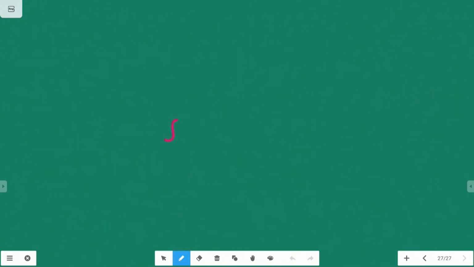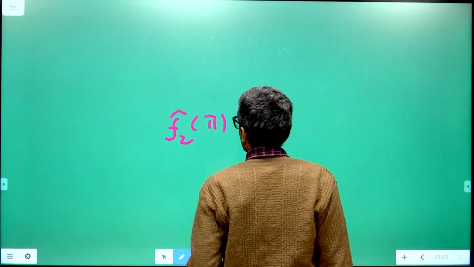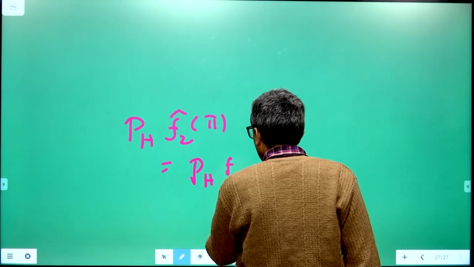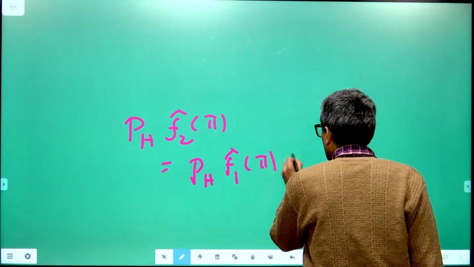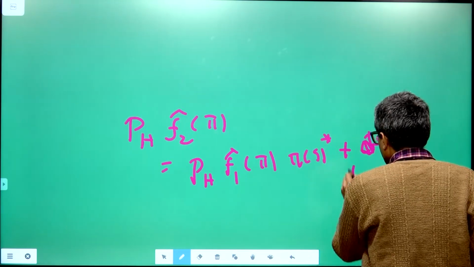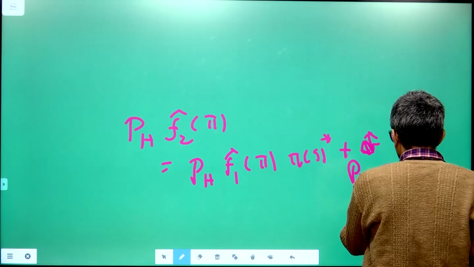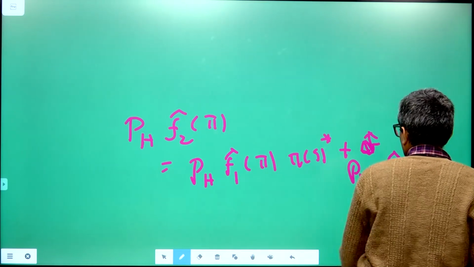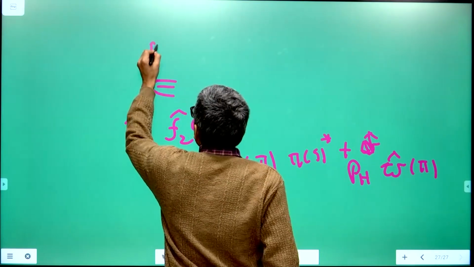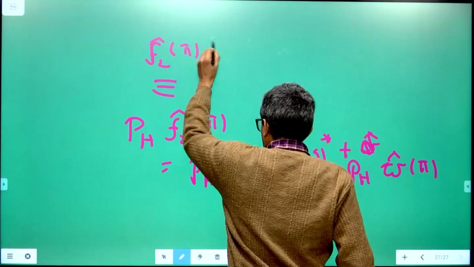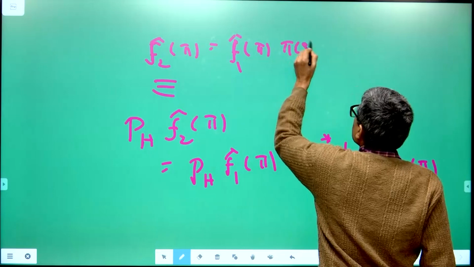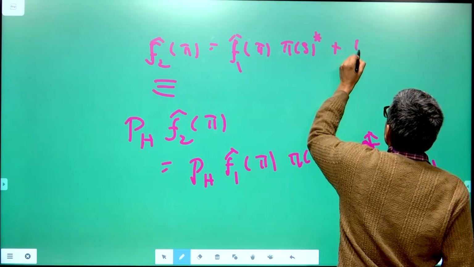So, if I integrate both sides with respect to h, what I get is that f2 cap of pi multiplied by Ph is equal to Ph into f1 cap of pi into pi g star plus Ph into w cap of pi. And we have seen that this equation is completely equivalent to the original equation, f2 cap of pi is equal to f1 cap of pi into pi g star plus w cap of pi.